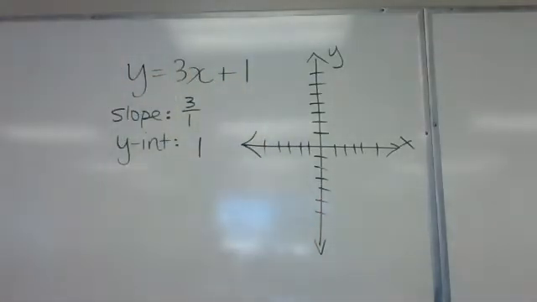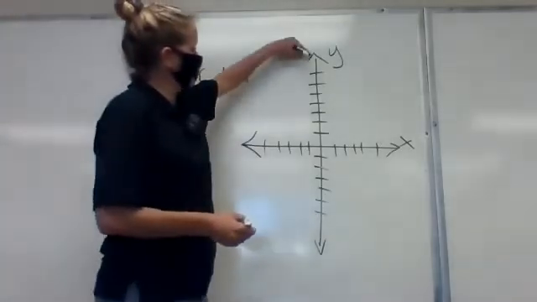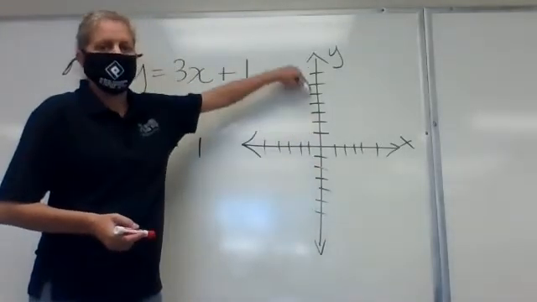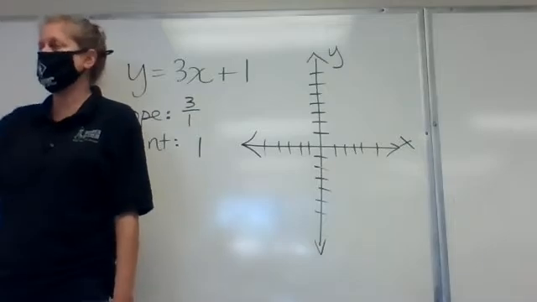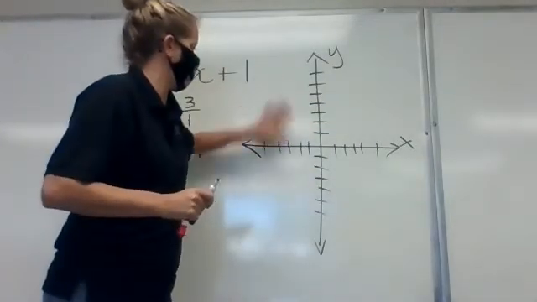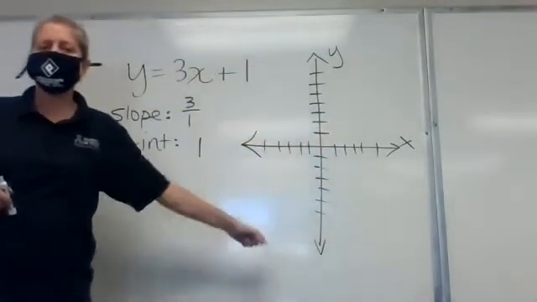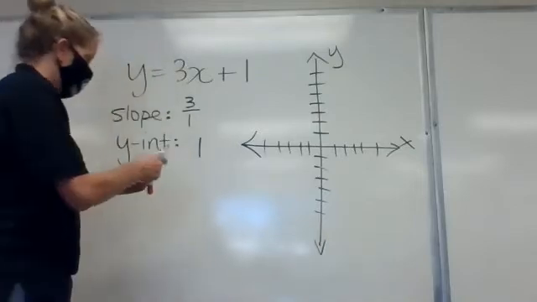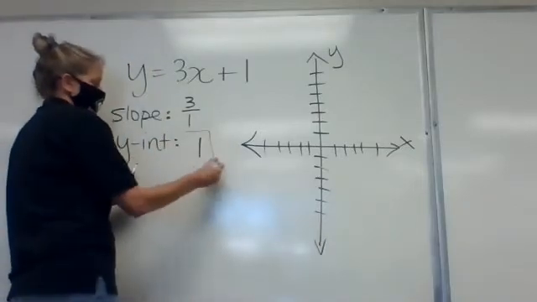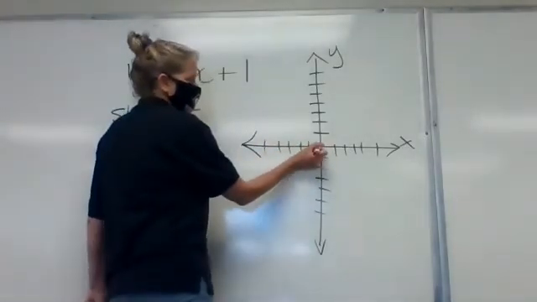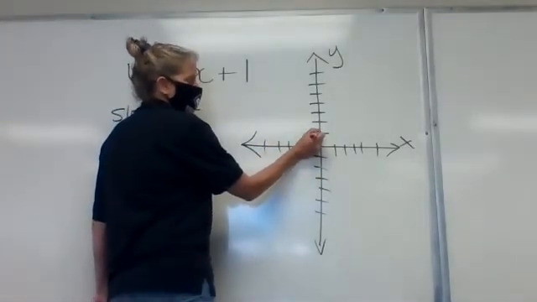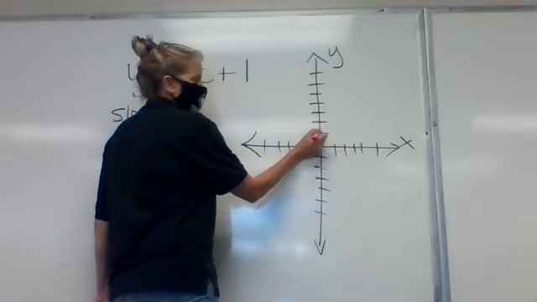The very first point you're going to put on your graph is you're going to go to the y-axis, this axis right here. Your point is going to be on it. It is not going to be out here in any open areas. It's going to be on that axis at whatever number this is. So since this is positive 1, you're going to go to the y-axis and go up to positive 1, and you're going to put a point there.